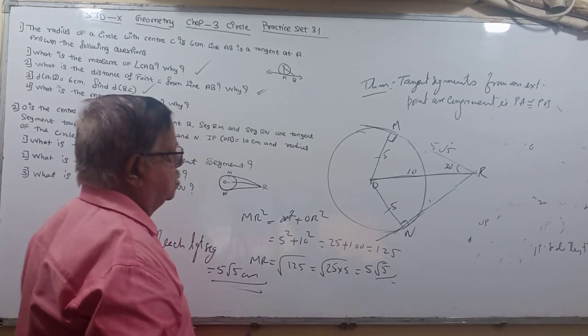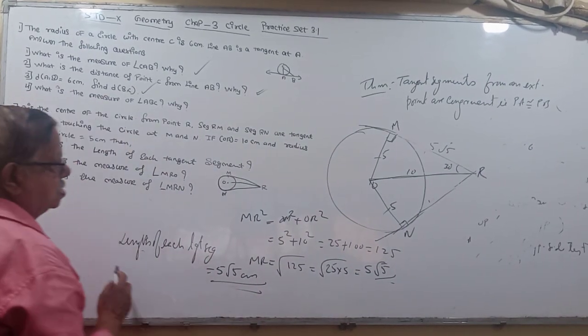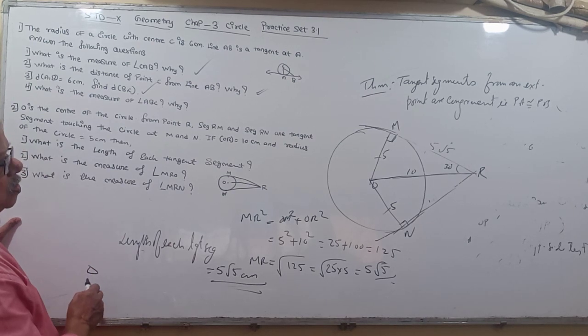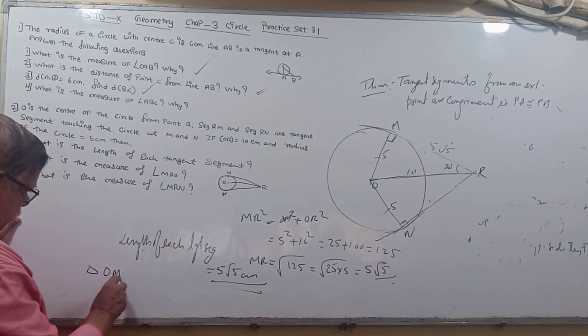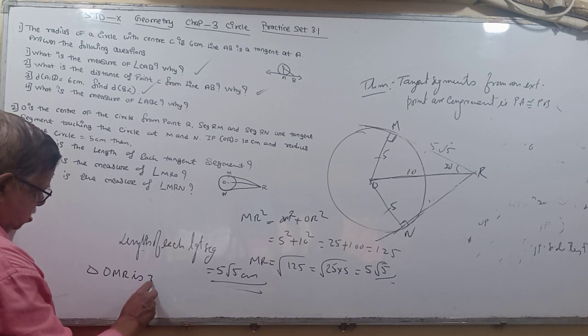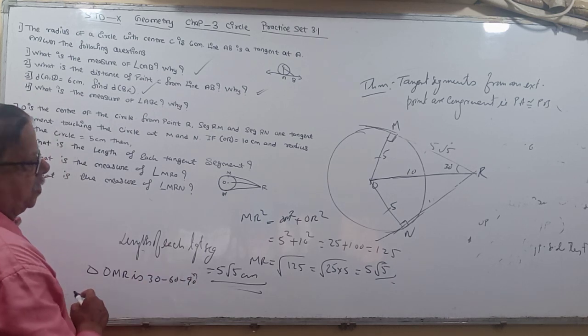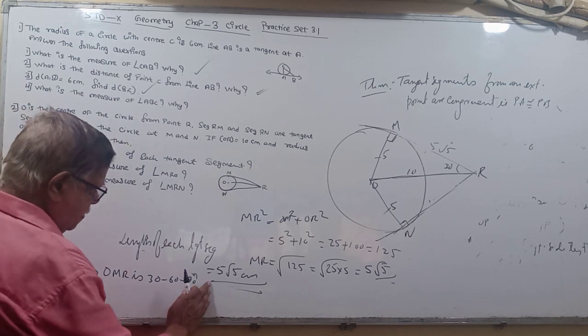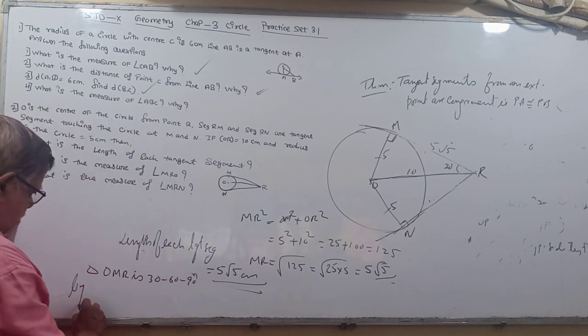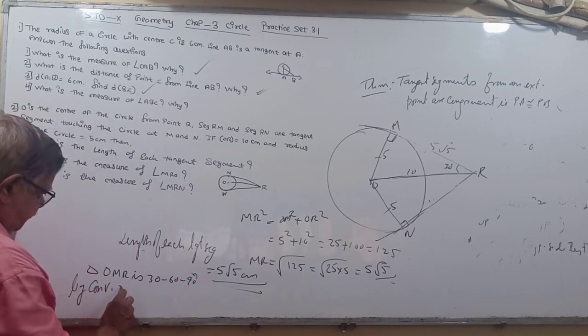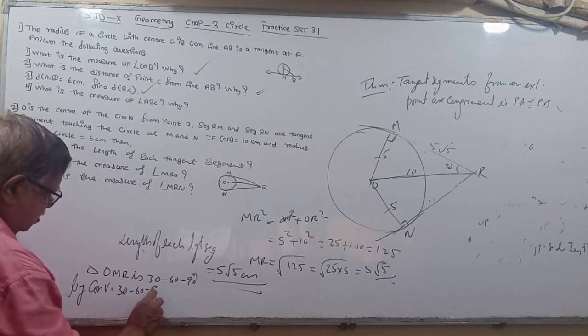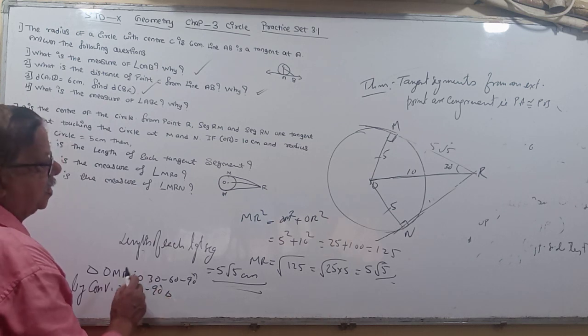We write here triangle OMR is a 30-60-90 triangle by converse of 30-60-90 theorem.